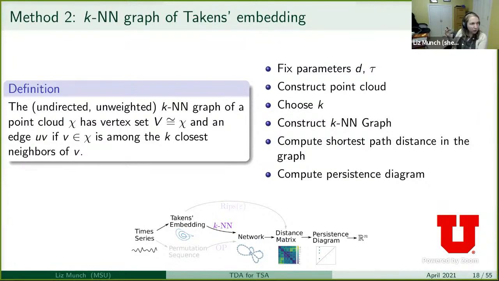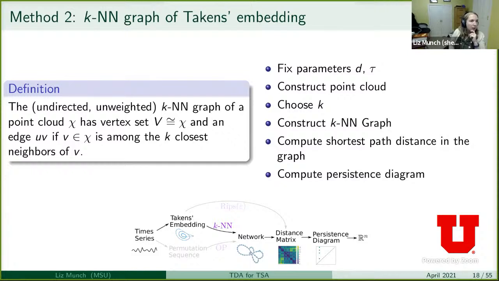If you give me a point cloud embedded in whatever space you want, I'm going to work with an undirected, unweighted version of my K-nearest neighbor graph. I'm going to add an edge between u and v if v is one of the K closest neighbors to u. So you look at u's K closest neighbors and you add an edge to all of those.